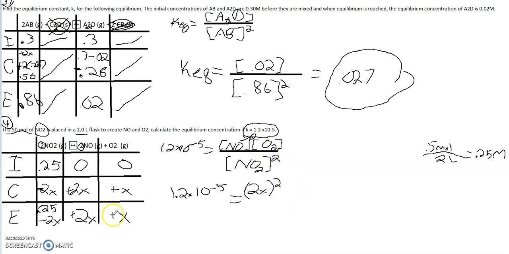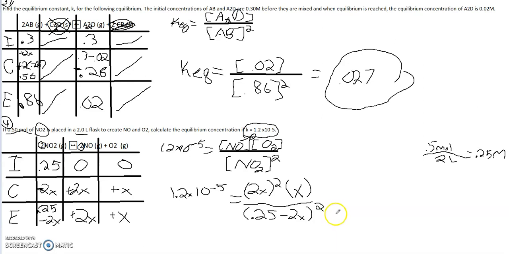And we have our O2 concentration, which is x here, over our NO2 concentration raised to the power of 2. Now this one, slightly more complex. We have our 0.25 minus 2x raised to the power of 2.